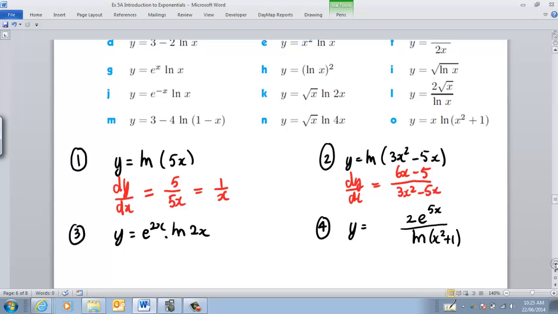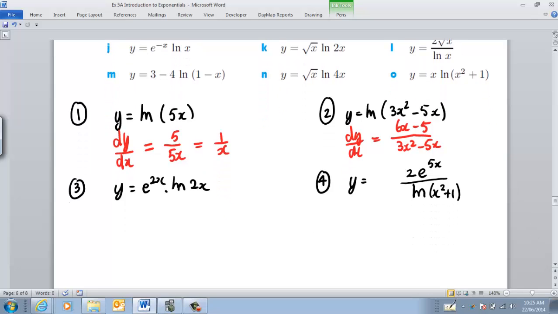If we've got this function here, number 3, you can see we've got two different functions, so we're going to have to use the product rule with that. So dy/dx, hopefully you're at the point where you can just do this in your head. What we previously learned would be e to the 2x times by the derivative of that power, which is 2, so that's 2e to the 2x, that's f dashed, times by g, which is ln of 2x.